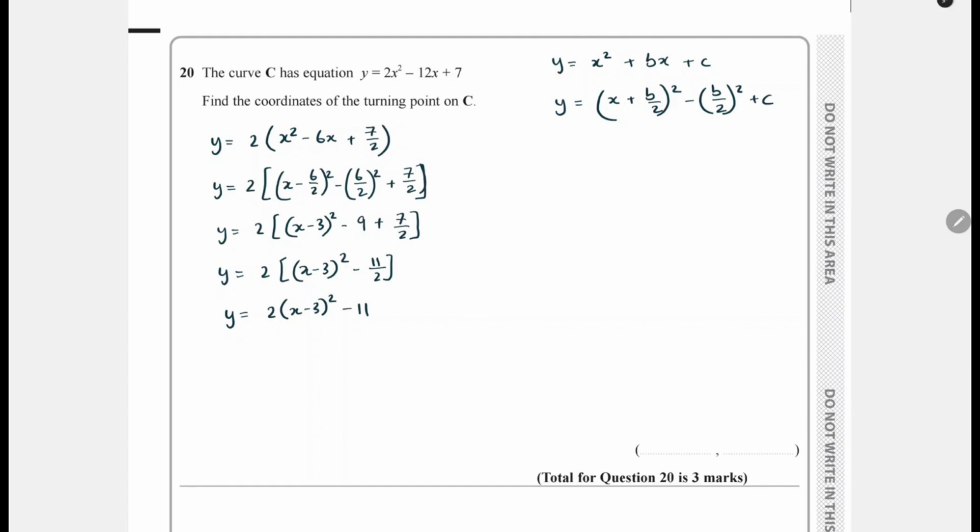Now, to work out the turning point, we take this value here and multiply it by minus 1, and this value here. So that's going to be our x coordinate, and this is going to be our y coordinate. So the turning point coordinate is 3, minus 11.